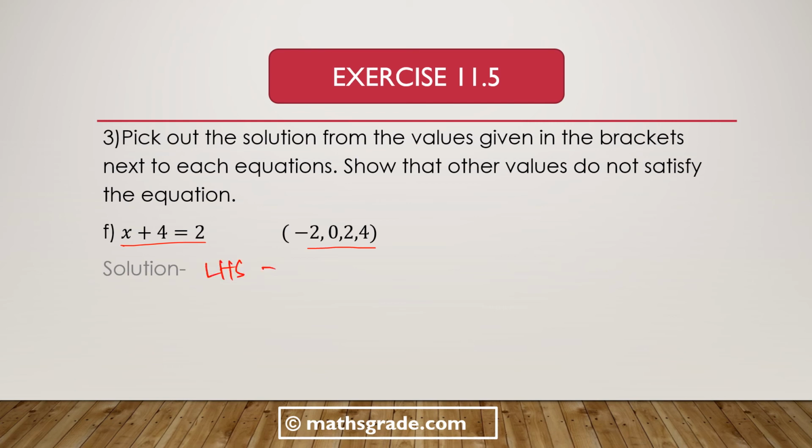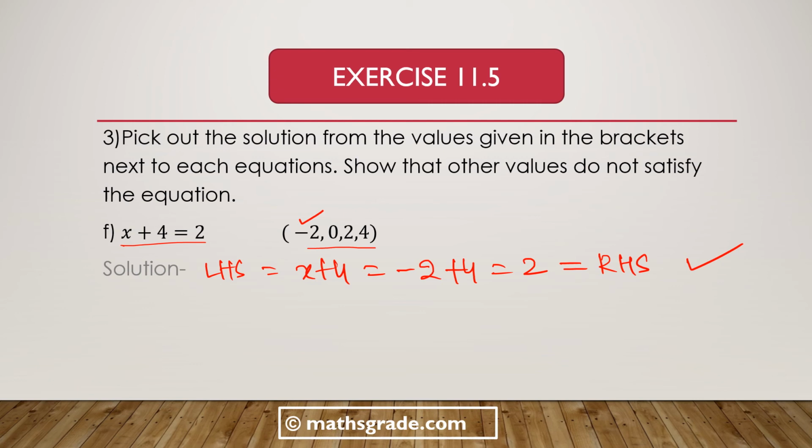The left hand side is x plus 4. Substituting x equal to minus 2, it becomes minus 2 plus 4, which is equal to 2, which is equal to the right hand side. So x equal to minus 2 is the solution for the given equation x plus 4 equal to 2.